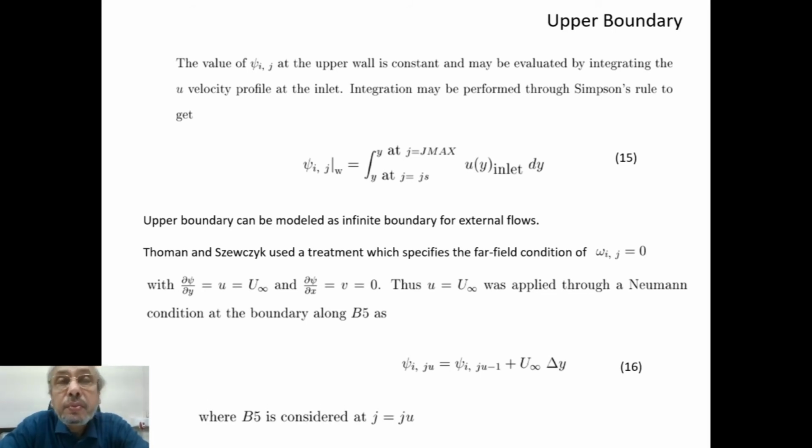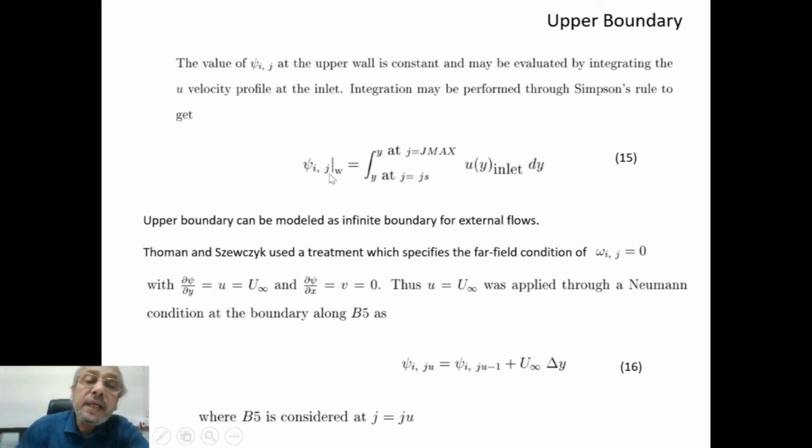So psi equals the integral of u dy, using the u velocity profile at the inlet. Integration may be performed through Simpson's rule, or you can use Gaussian quadrature, or the trapezoidal method, anything. But if you use Simpson's one-third rule, it is also quite accurate.